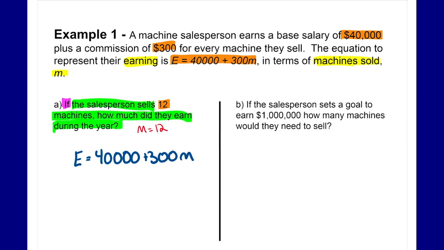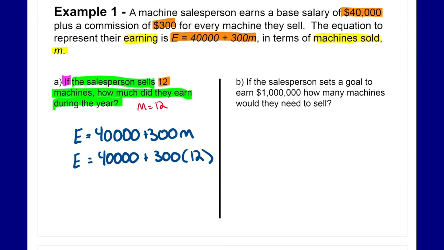So I can replace M with 12. So plus 300 times 12. And now I can solve this equation. I don't actually have to solve anything, it's just going to be a calculation. I don't have to rearrange anything. I don't have to worry about moving anything to a side because E is already by itself.